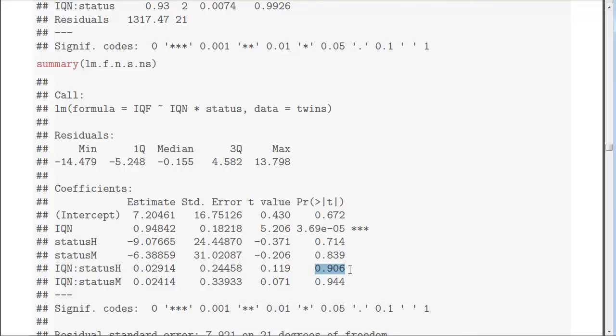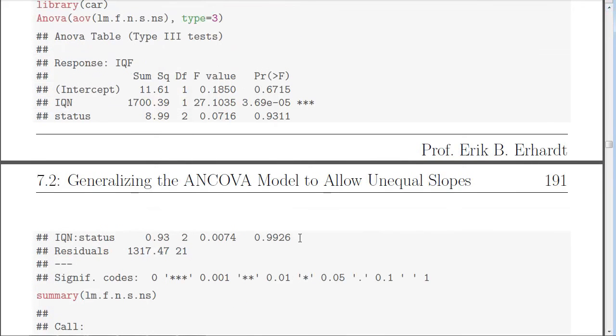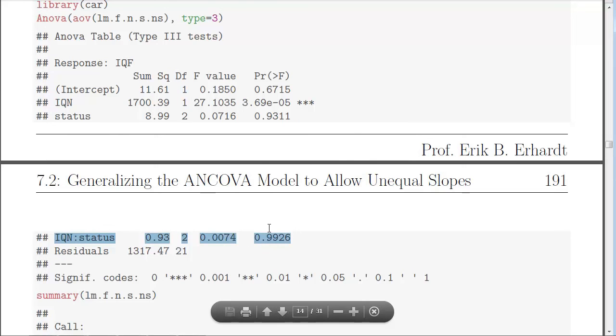And so, unfortunately, this is just sort of the way it is, this summary table only compares to the baseline group. It is the ANCOVA table above that tests whether all 3 slopes are equal to each other or not. That is why we start with this test.